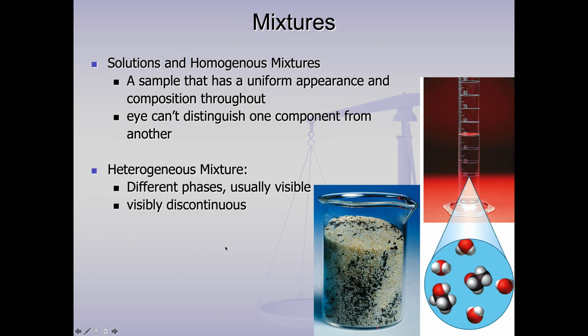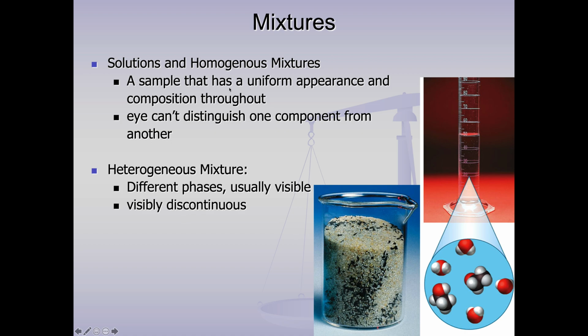So let's look at this. Let's just focus on mixtures first. We just said mixtures can be homogeneous or heterogeneous. A heterogeneous mixture, like this sand, is obviously a mixture, and depending on where you take your sample, you'll have more of the brown stuff or more of the black stuff. It's not evenly mixed.